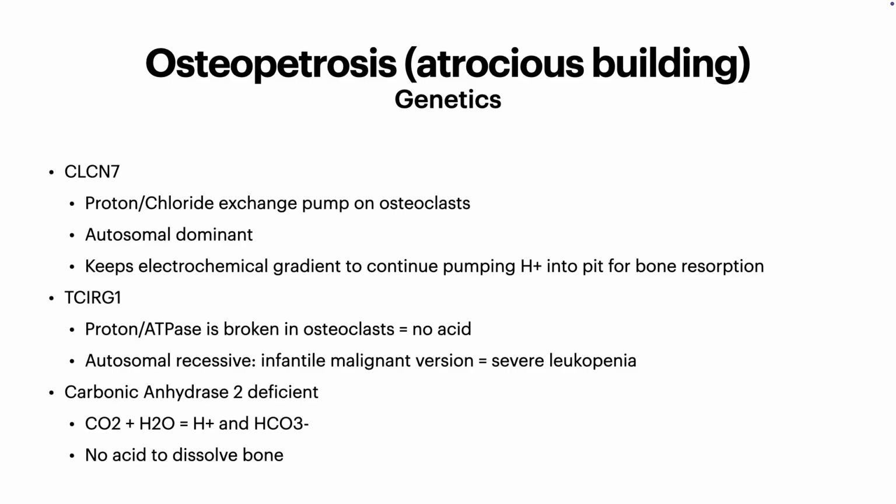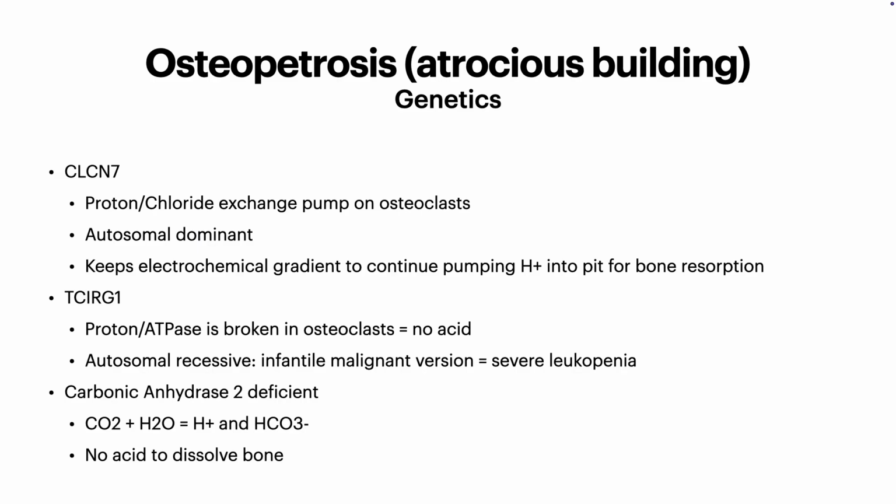And that's what's going to help keep the electrochemical gradient, so that you could pump all those protons in and keep the pit, what they call the pit, acidic, so that the osteoclast can function. Because when you're forming bone, your osteoblasts are laying down their osteoid, doing all that kind of stuff.